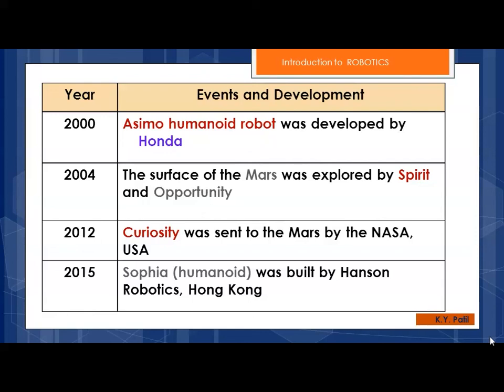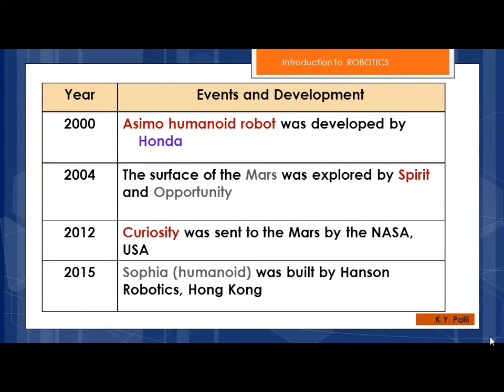Then all of you might be knowing what happened in the year 2015. Sophia, that is an intelligent and a little bit emotional humanoid robot, was built by Hanson Robotics, Hong Kong. And this is actually today the most sophisticated intelligent humanoid robot.